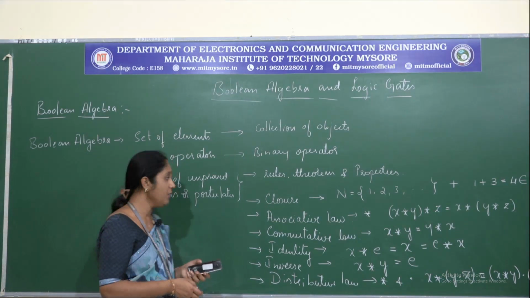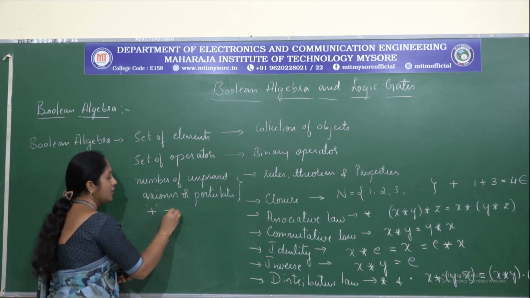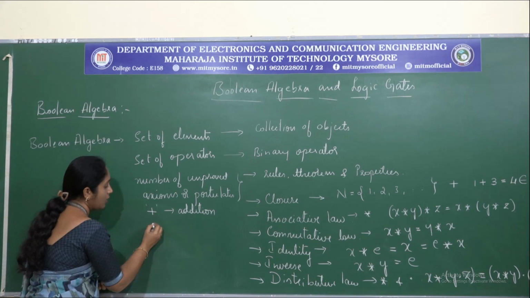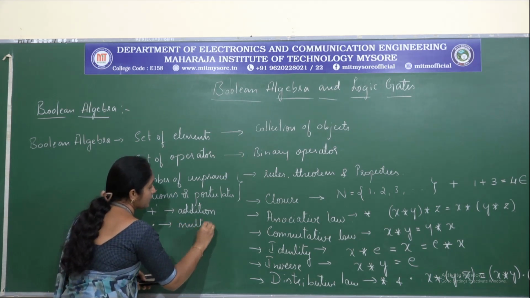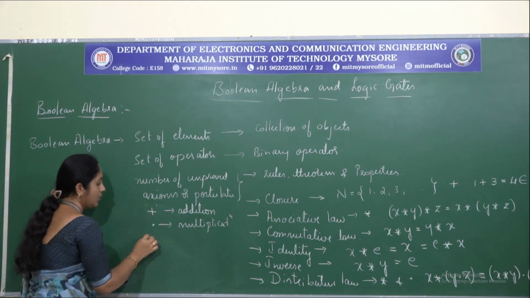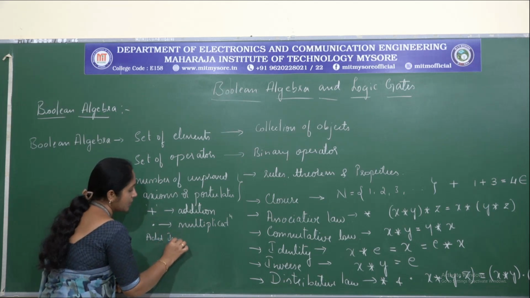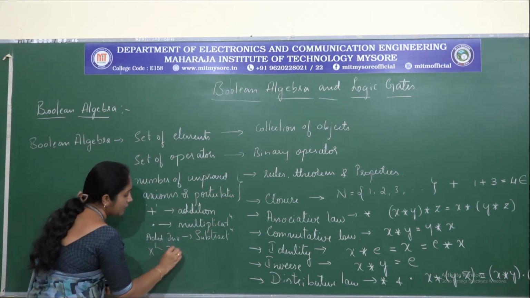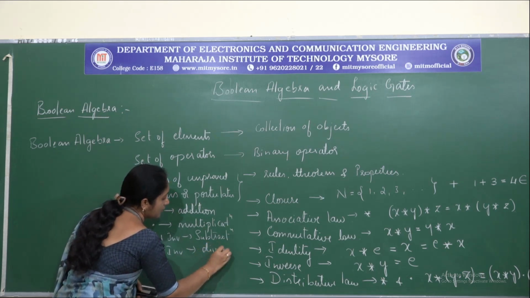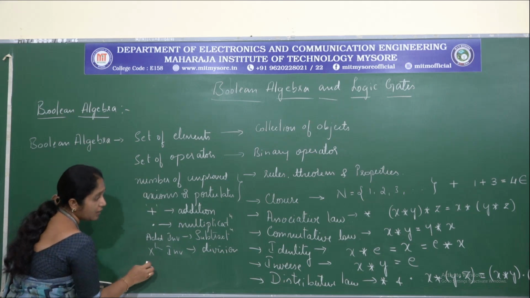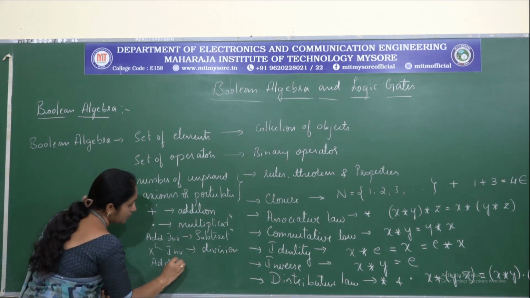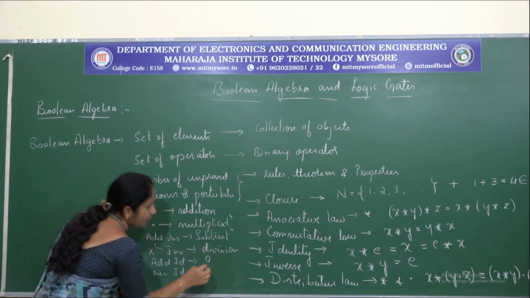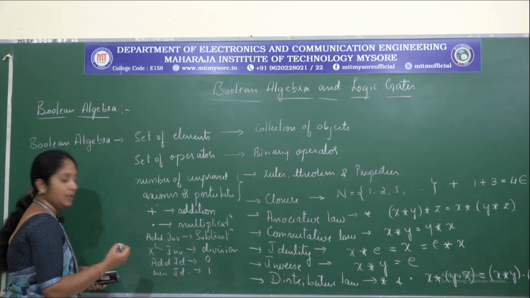The operators and postulates have the following meaning: plus indicates addition, dot indicates multiplication, additive inverse is subtraction, multiplicative inverse is division, the additive identity element is 0, the multiplicative identity element is 1, and the only distributive law possible is dot over plus.